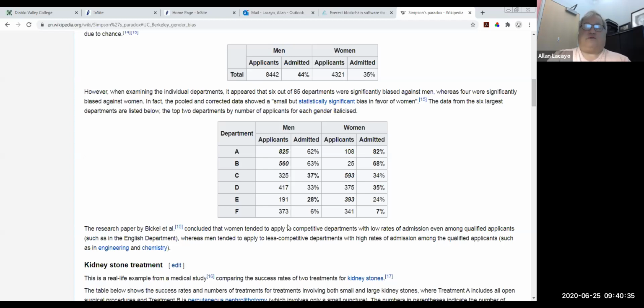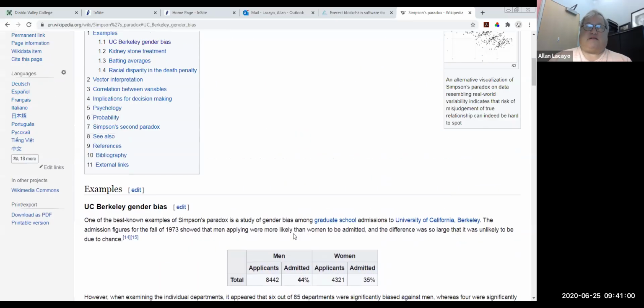So this is what we call an example of a Simpson's paradox, where a confusion occurs when you try to group together all departments into one single basket. You get a result that is not necessarily universally true across each and every department in the detail of the data, and thus a Simpson's paradox.